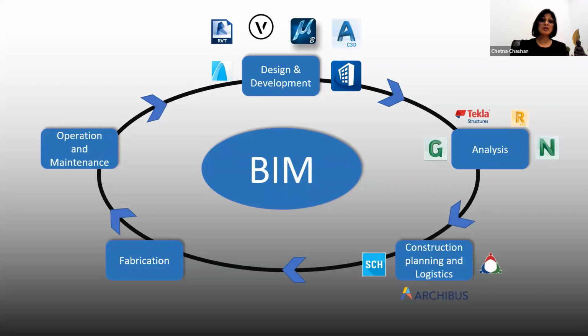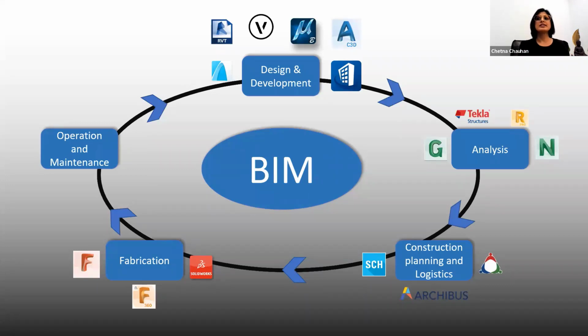Once the construction is planned, then we go to the fabrication part of it. And then there are different fabrication softwares. Let's say, for example, there are steel beams that have to be used in a structure, or there is some hardware that is going to be used in a building.